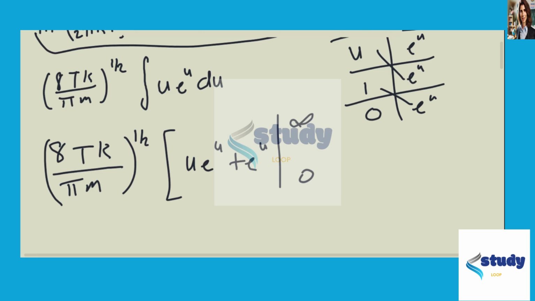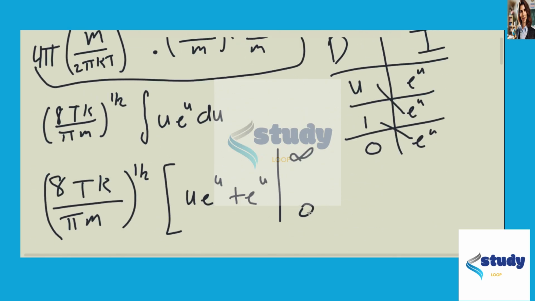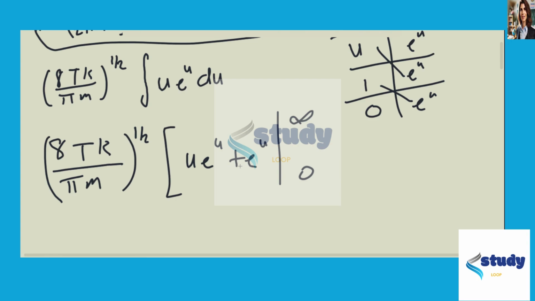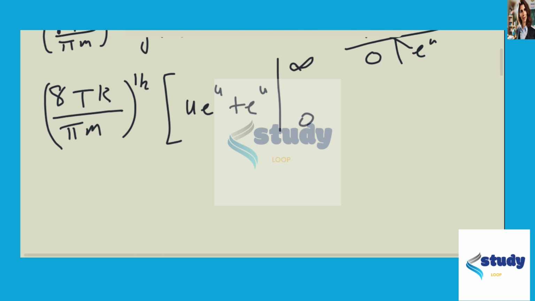But we have to keep track of what's going on here. What I need to see is what happens to the probability as the velocity approaches infinity, not u. So I need to rewrite this in the original terms, in terms of velocity. But first, I'm going to factor out an e to the u, so things will become a little bit simpler as we go. So now, I remember that u was negative mv squared over 2kt.